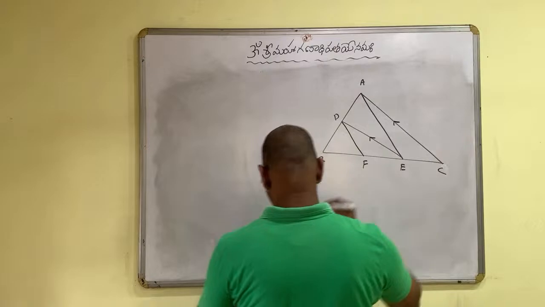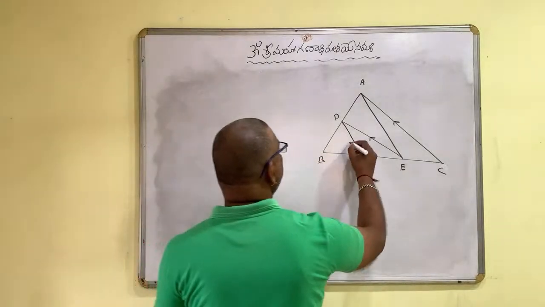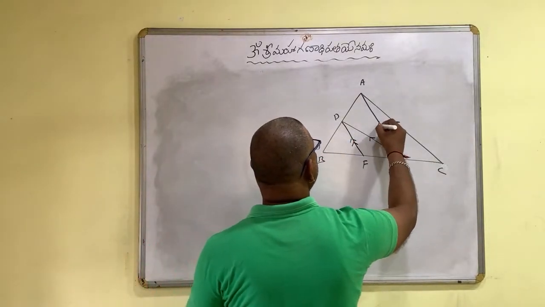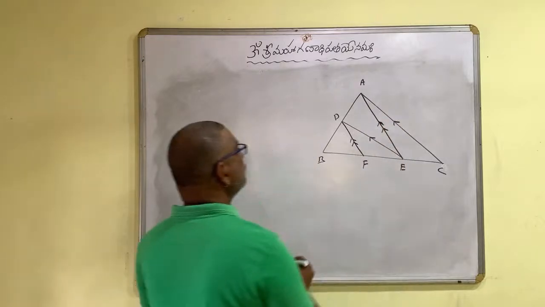DE parallel to AC. DF parallel to AE. I am giving 2 arrow marks.